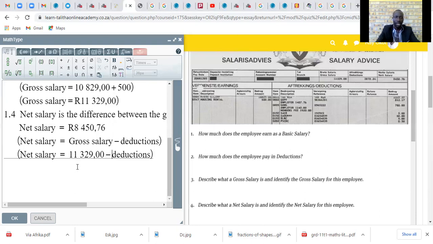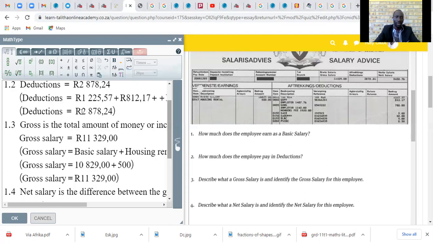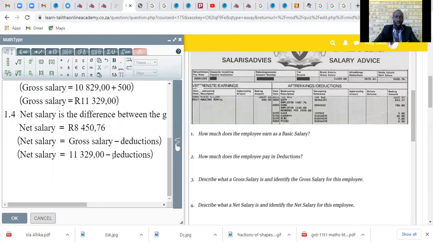Then the next thing for us is to find the value of deduction. Well, what is the total deduction that we have calculated? The total deduction that we have calculated is 2,878. That is our value of total deductions. So we substitute it here. Where there is deduction, we now put the value of deductions. So when we do this, in the next step, we get the calculated value of net salary.